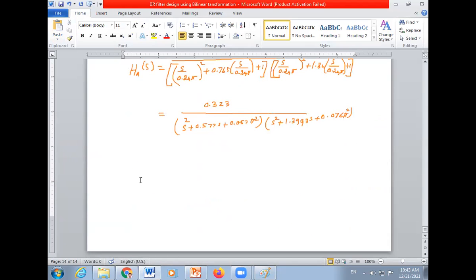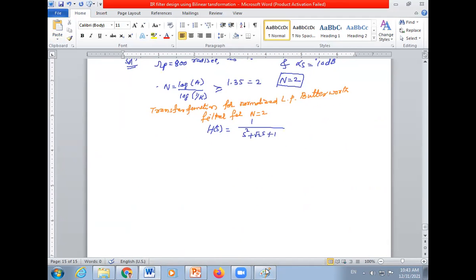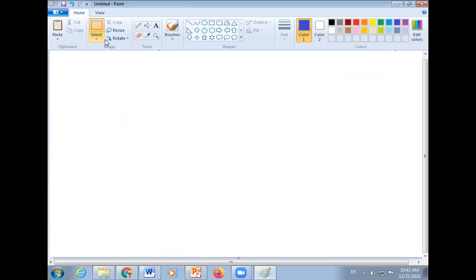Then let us calculate the cutoff frequency omega c.